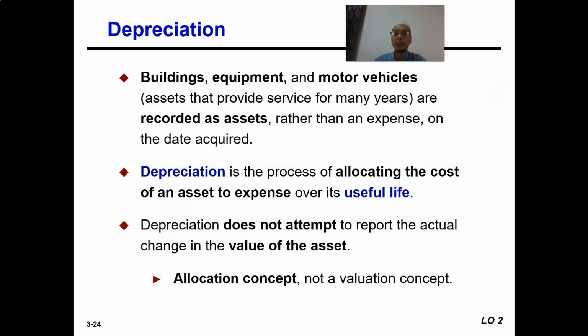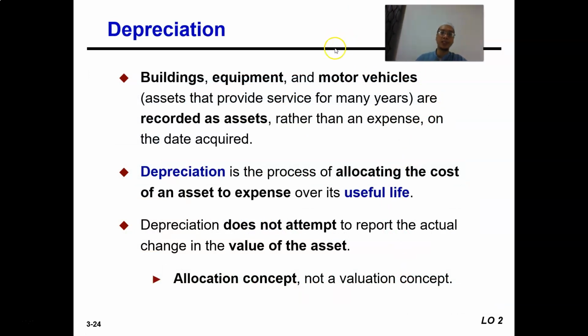Another prepaid expense adjustment will be depreciation. Okay, depreciation. What is depreciation? Organizations purchase buildings, equipments, and motor vehicles, which are called assets. These are fixed assets that will give benefit to the company more than 1 year after the purchase.